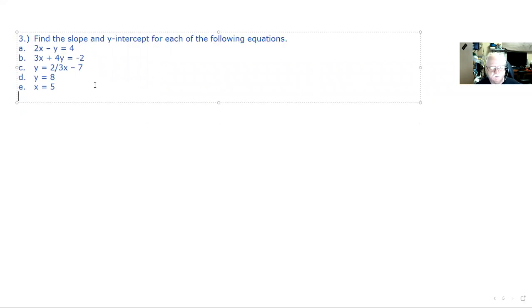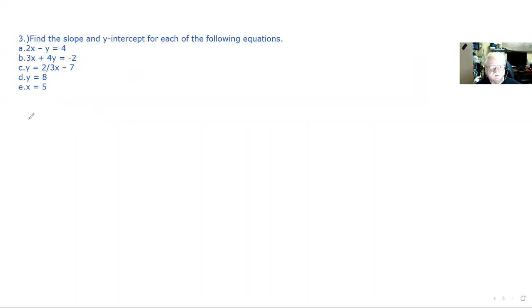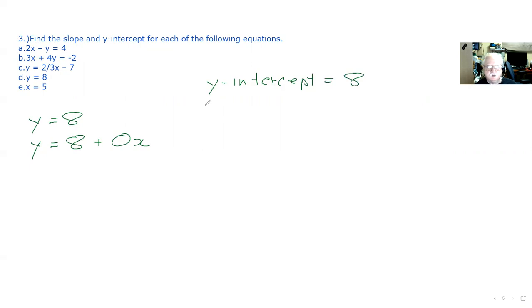So this is a little bit annoying because they've given us y equals 8. We could go y equals 8 plus 0x, and that would make some sense because the number on its own here, the y-intercept, equals 8, and the slope equals 0.